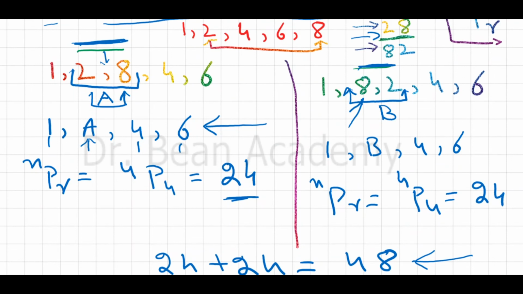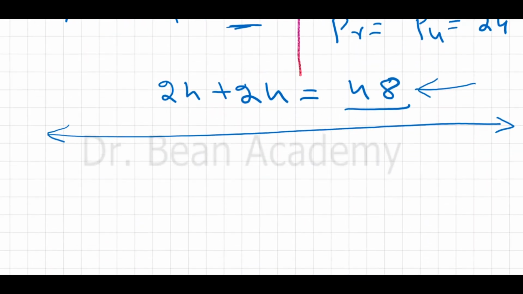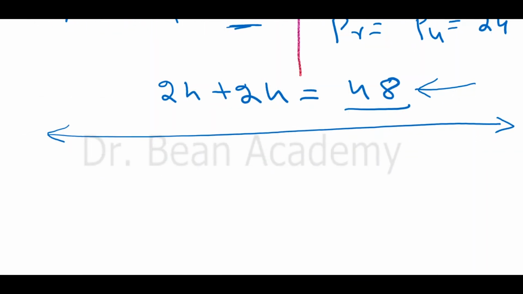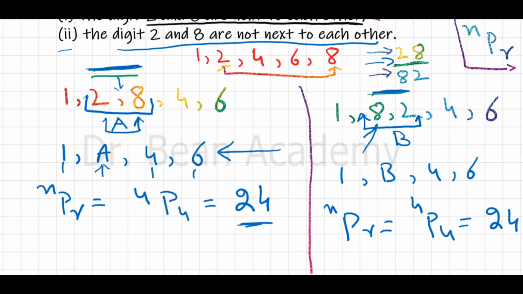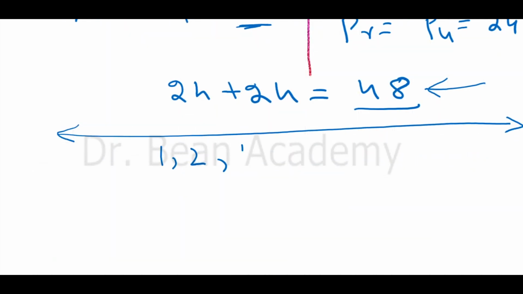So the given digits are 1, 2, 4, 6, 8. So now I am going to calculate all the possible permutations of size 5, of course, no matter if they are together or not.